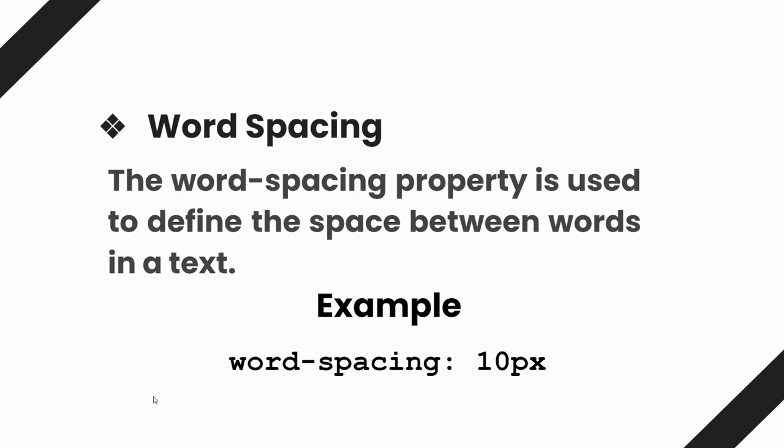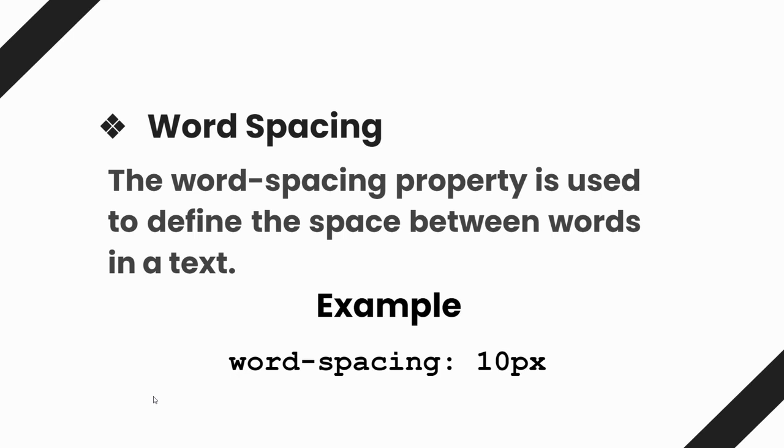From the example we have, the word spacing property is assigned a value of 10 pixels. By default, HTML has an amount of space it assigns to every word that is printed on the screen. But with this word spacing property, you can either increase that amount of space or reduce it to the one you want.